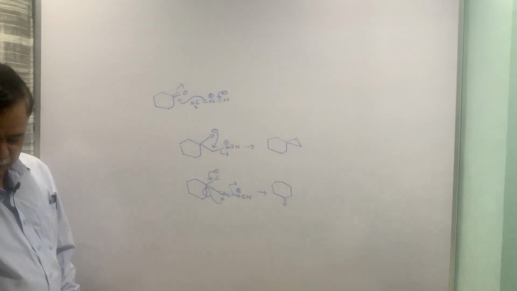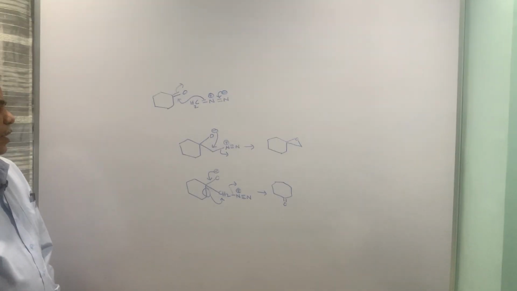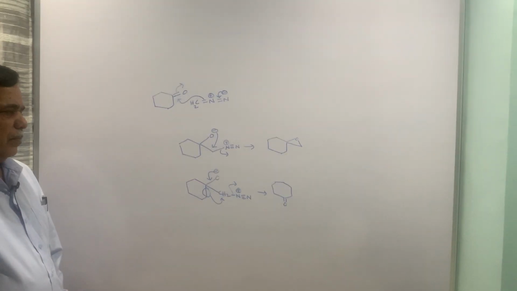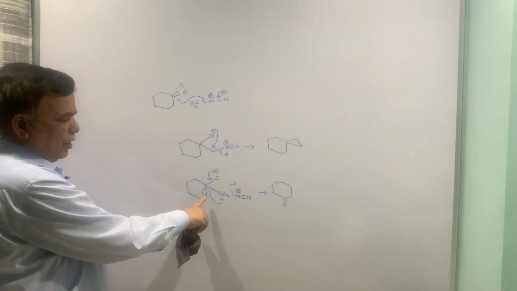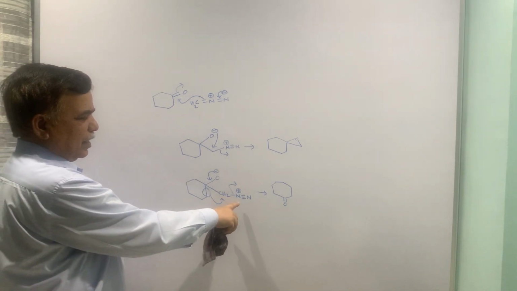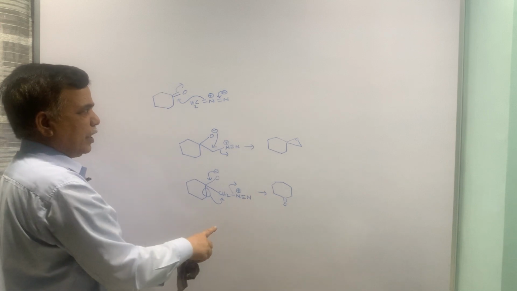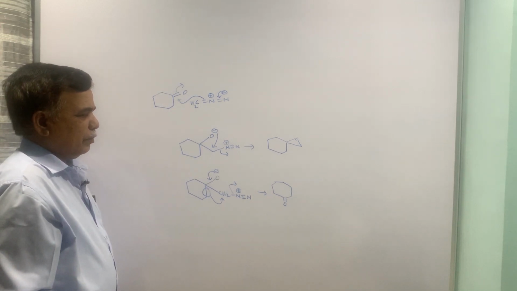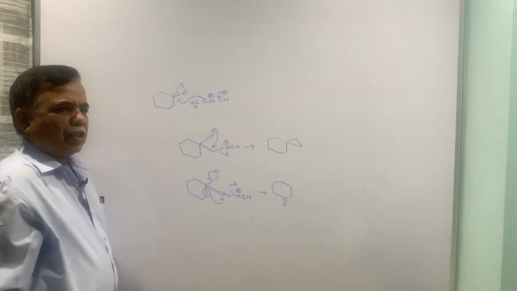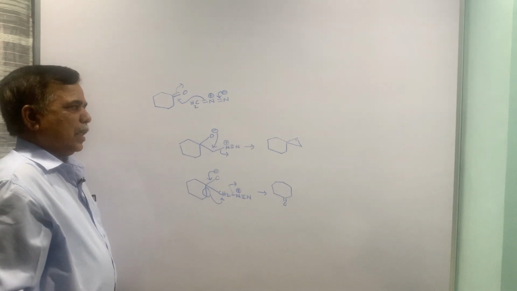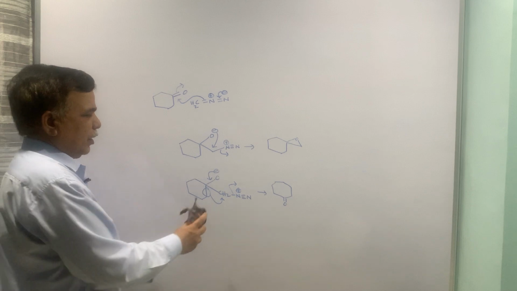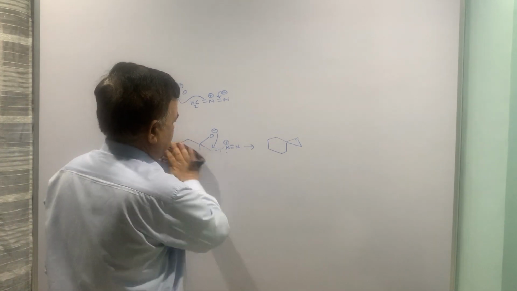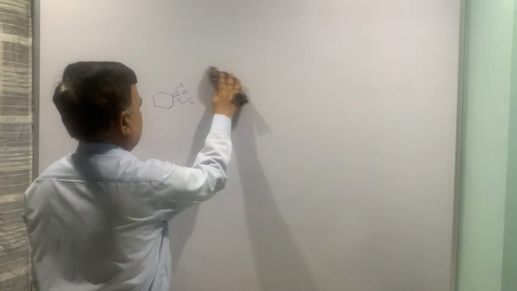So two products are possible. The neighboring group is the carbon carbon sigma bond, and what is triggering the reaction? The leaving group. Presence of leaving group is mandatory. That can be nitrogen, can be tosylate, brosylate, mesylate and halogens. They are better leaving groups, and that is how the reaction is possible.